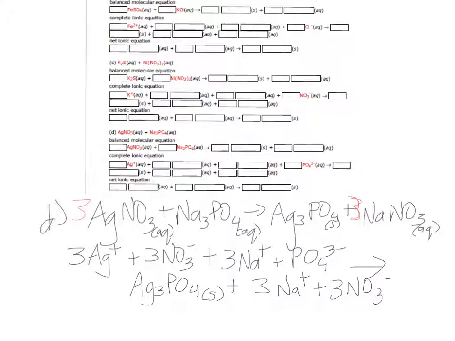Now, where there's a perfect match of the ion formula and charge on both sides of the equation, we can cross out and not write in the net ionic equation. So I see 3 nitrate ions that can cross out with each other and 3 sodium ions that can cross out with each other. What's left after we've crossed everything out?